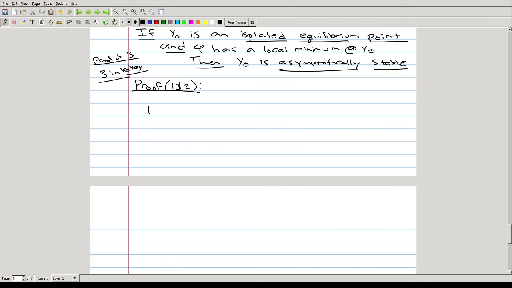So for 1, we can go through and directly do this using the chain rule. We take the derivative of phi of y of t, and it's interesting to ask yourself why we can apply the chain rule here based on our previous differentiability assumptions. So be very careful about this.